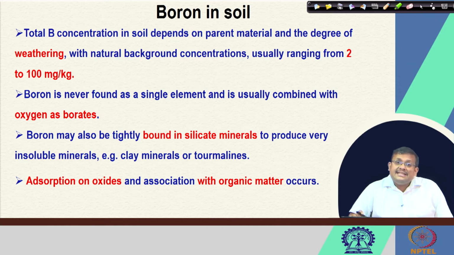Now, boron is never found as a single element and is usually combined with oxygen as borates, and boron may also be tightly bound in silicate minerals to produce very insoluble minerals such as clay minerals or tourmalines. And remember that adsorption on oxides and association with organic matter can be seen in case of boron in soil.